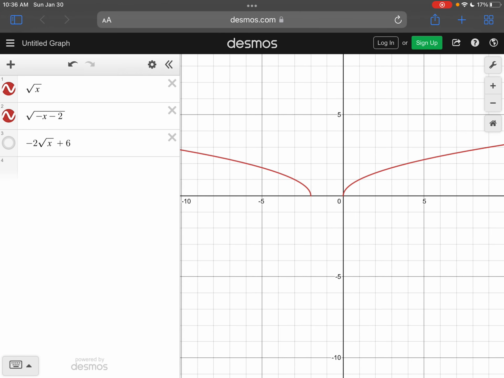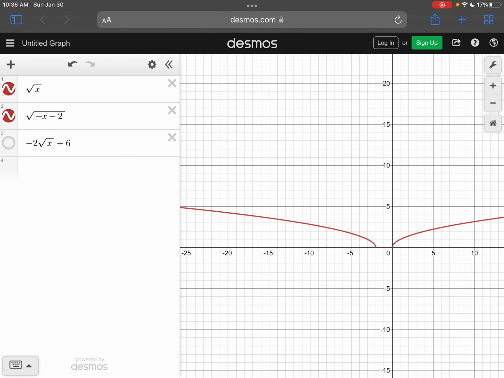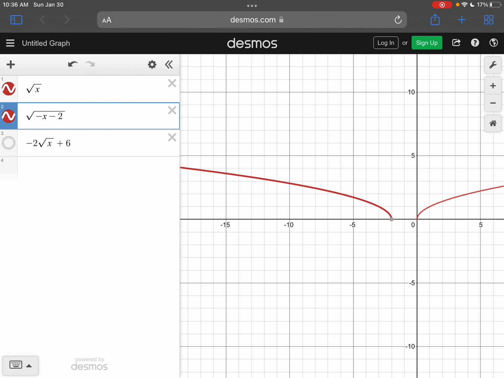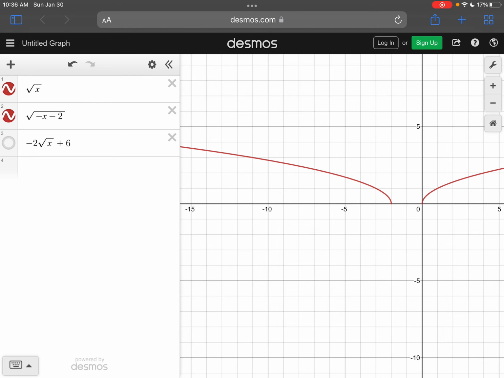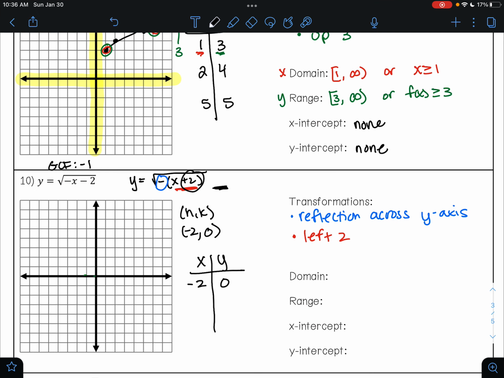And you can see that it has reflected over the y-axis, that our starting point is negative 2, 0, and we have shifted to the left 2 units. So I'm going to use the point negative 2, 0, negative 3, 1, and let's zoom in here. It's going to drive me nuts if I don't put this in numerical order, so let me do that.